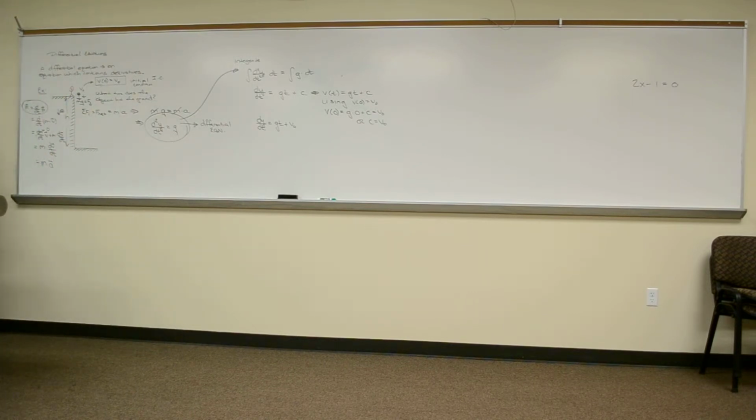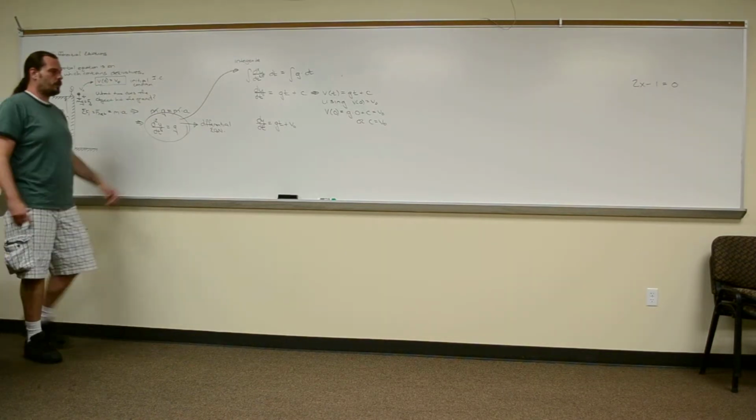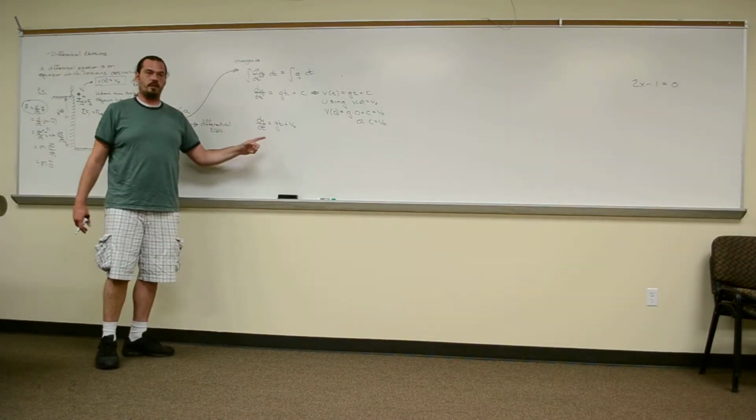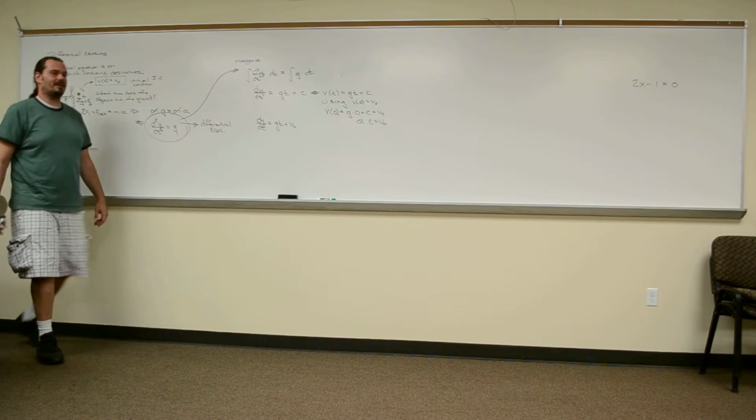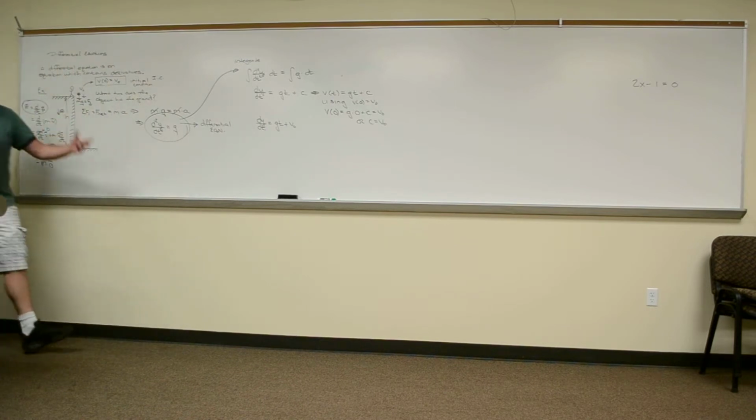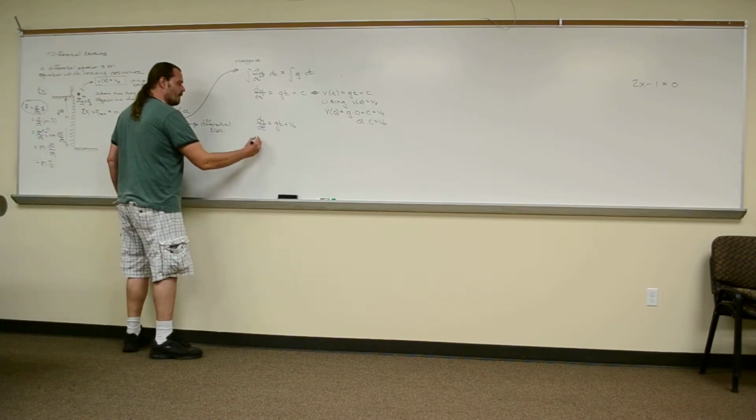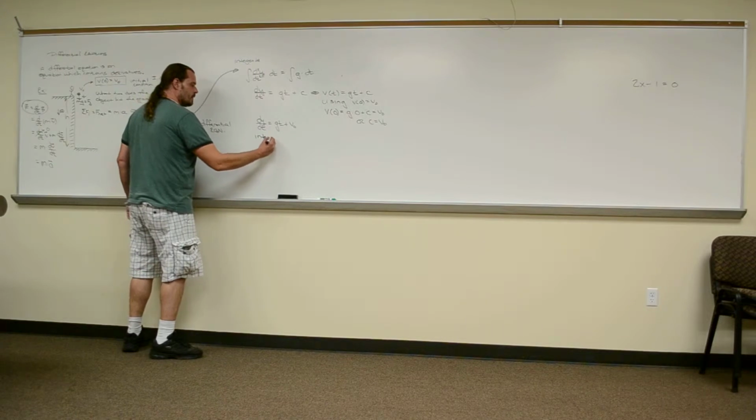Again, we have to take it a step further, because what we actually want to do is find the position function. So how do I find a position function? Integrate again. Integrate, yeah, that's right. Just integrate. One half gt squared.